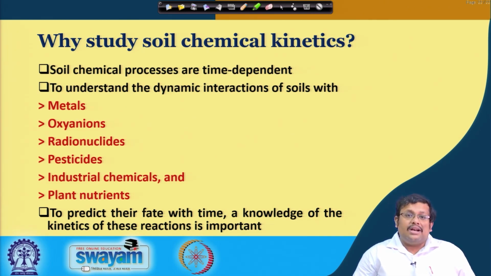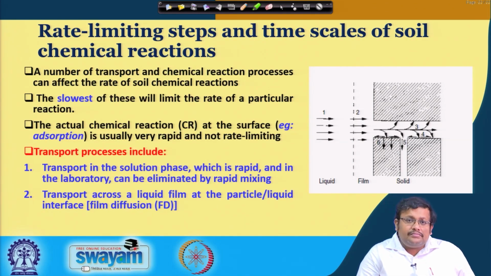So, to understand their interaction and to know what is their fate with time, that means where the metal will go from one point of time to another point of time, and where they will deposit. So, to identify this fate of these different elements or different chemicals, the knowledge of the kinetics of these reactions is very important.